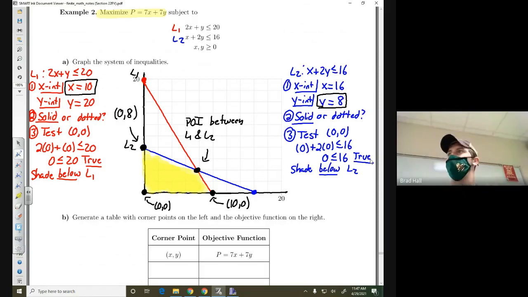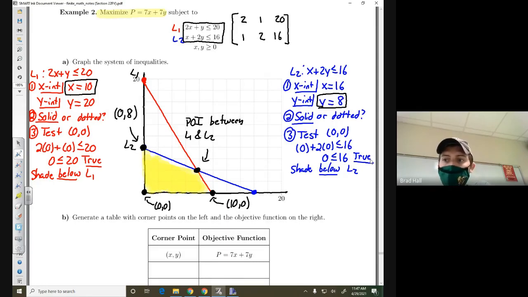So we're trying to figure out where these two lines intersect. Here's the two lines right here. We need to turn those two lines into an augmented matrix. It's 2, 1, 1, 2, 20, and 16. And for the augmented matrix section, we've dedicated a whole section to this.